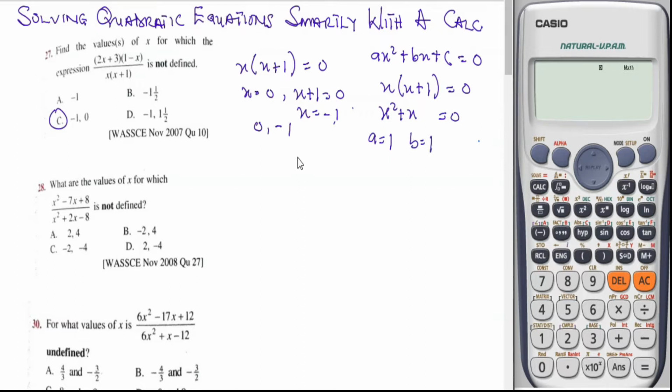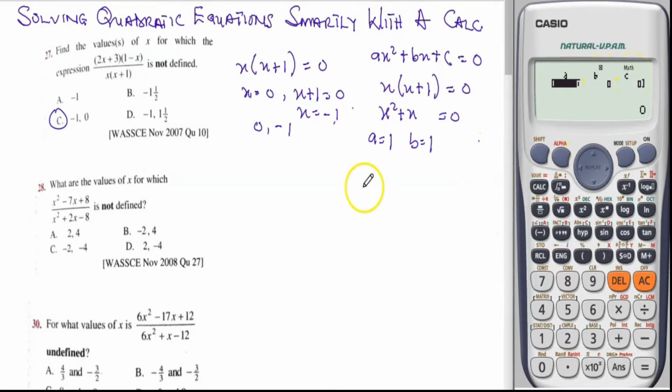Now let's go to the calculator. So going to the calculator, then we press on the mode button. Then we select equations, which is number 5. Then when you look through the bouquet of programs, you realize that we have the standard form of all quadratic equation at number 3. So we select function number 3. So now we have to key in the values of a, b, and c.